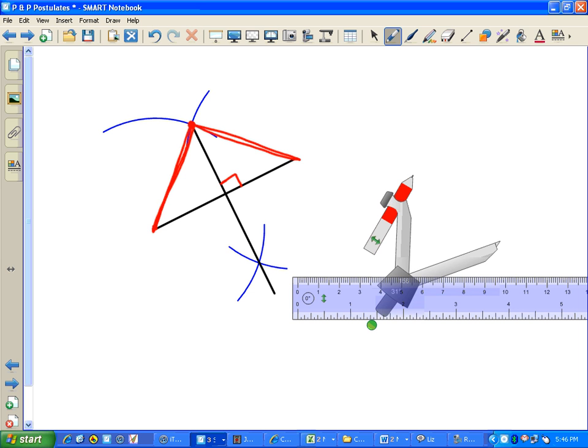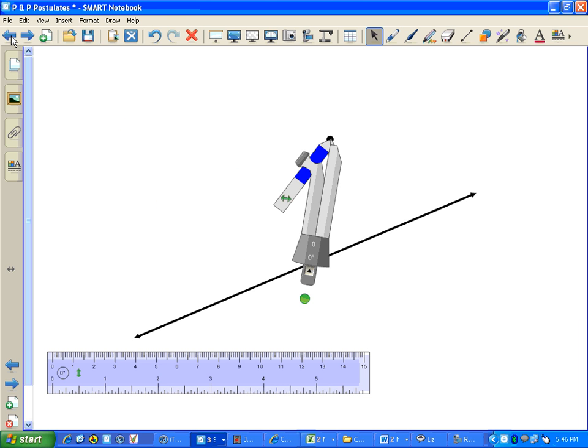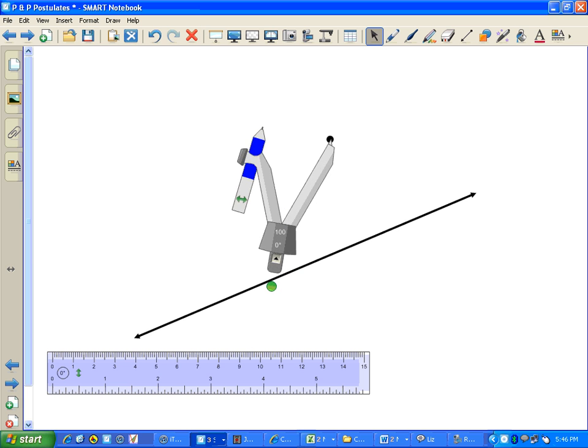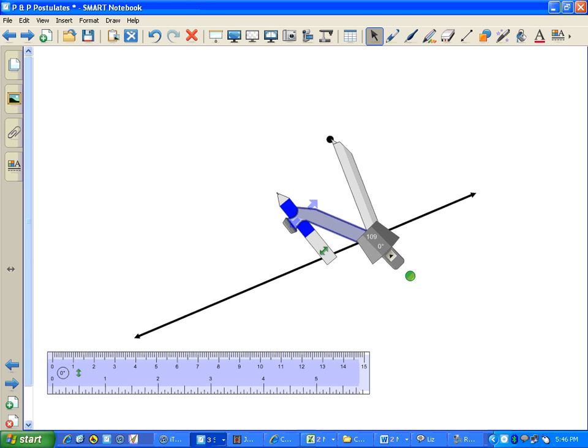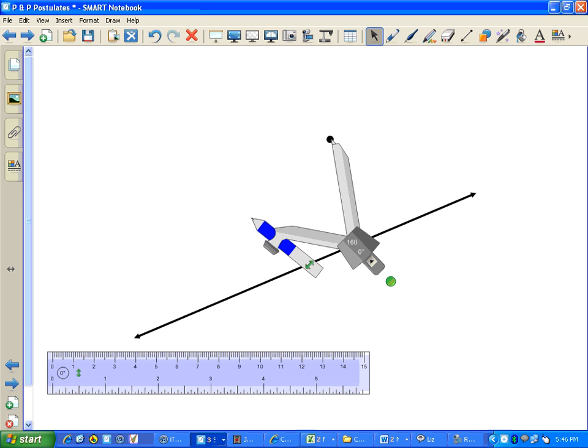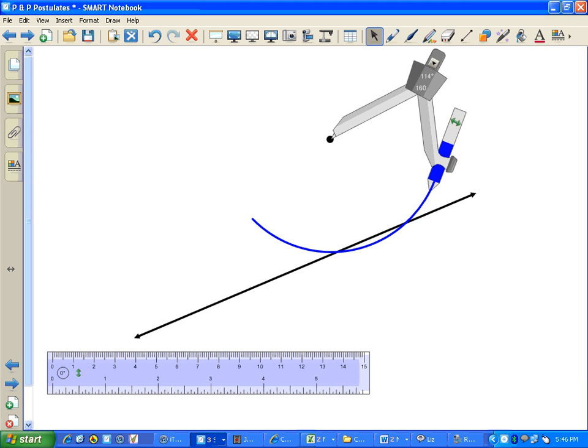The distance from the point to the end points of the segment were the same. All I need to do is make sure that this, okay, I'm going to open up my compass, and I'm going to make an arc like this.